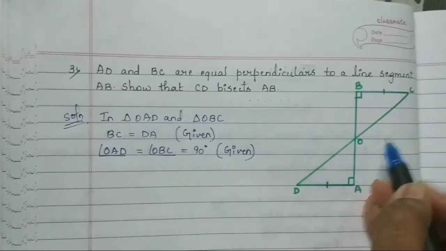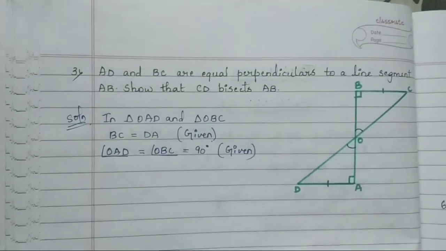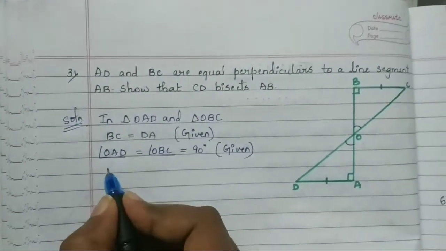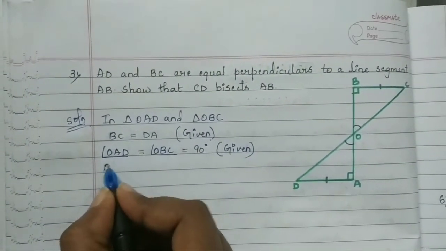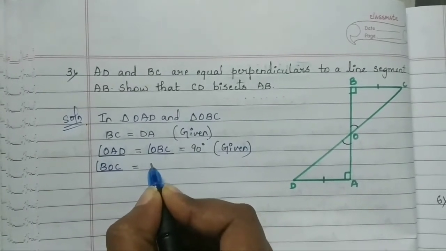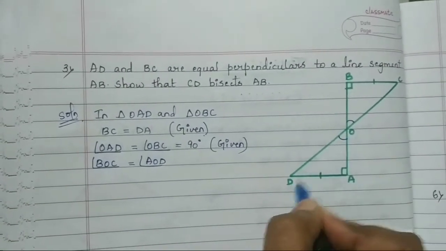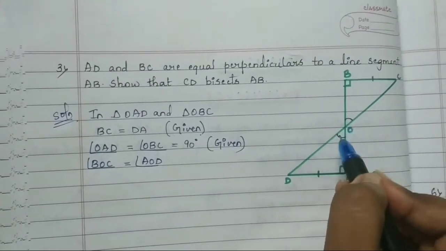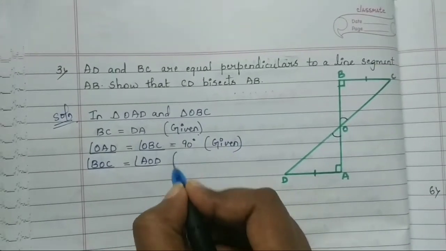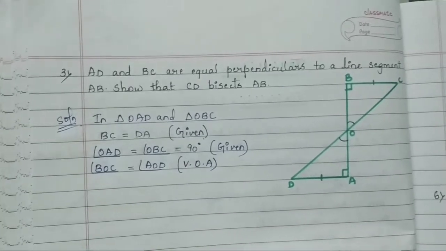Next, in both the triangles, we can see here we are getting vertically opposite angles. So we can write angle BOC is equal to angle AOD. Okay, AOD and BOC, as both are vertically opposite angles.